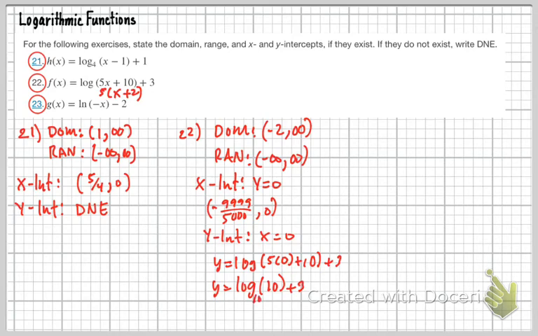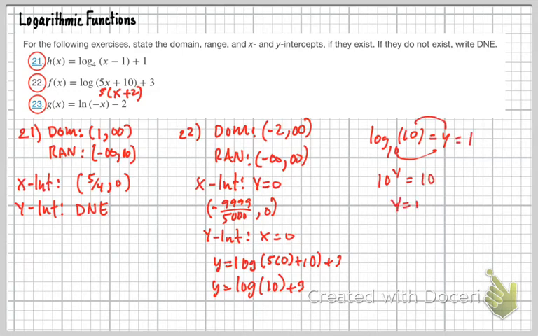And log base 10 of 10, what does that mean I'd have to do? I actually have to work that out. I'm going to write this equals y. So then that's going to be 10 to the y equals 10. So then I can say y equals 1.